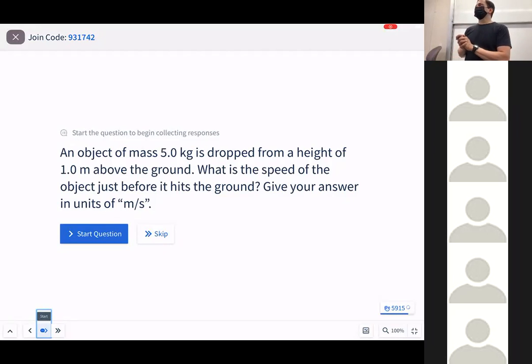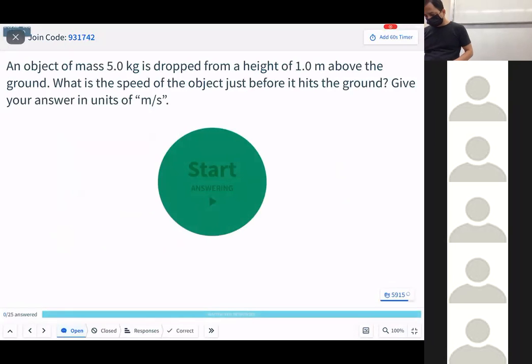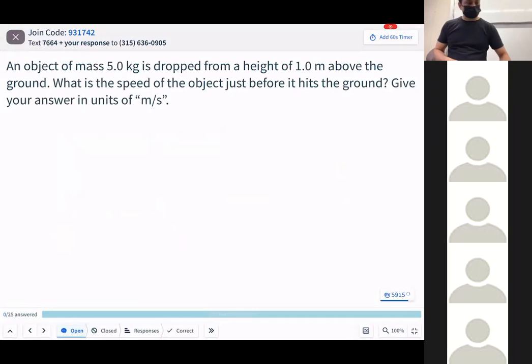Any questions about the question? And of course, g here is 9.8 meters per second squared, right? So feel free to use that.